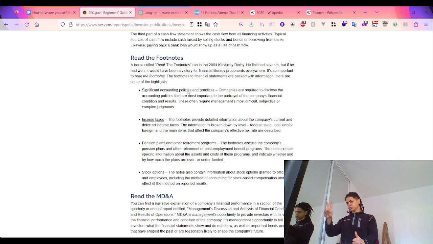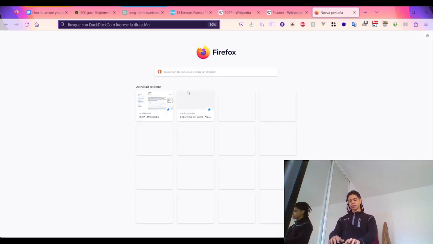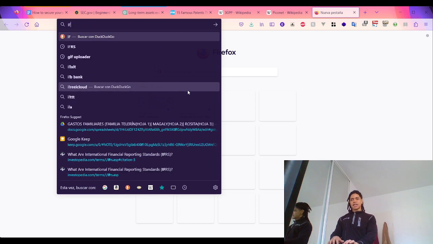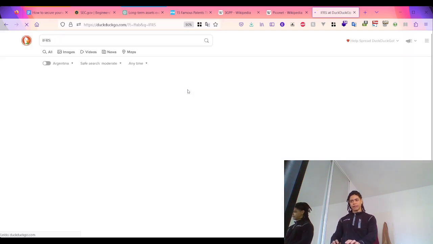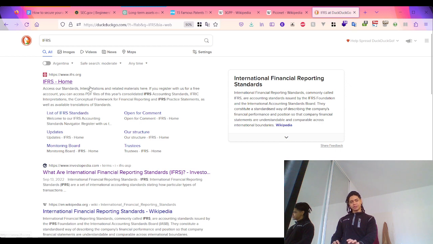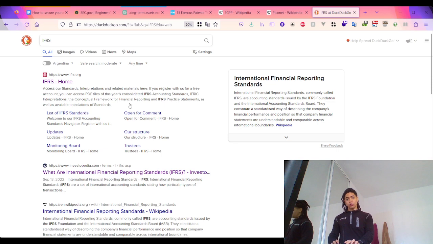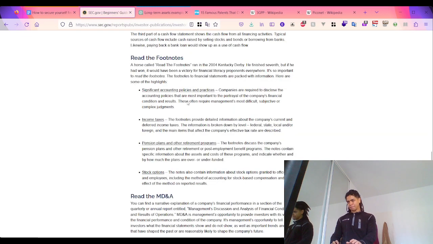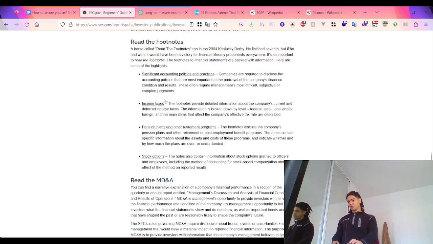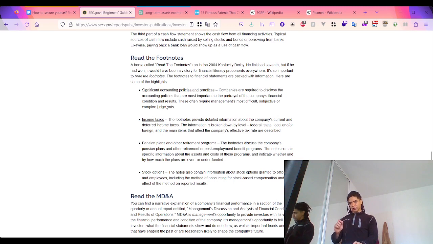There are two standards: GAAP, generally accepted accounting principles, and the International Financial Reporting Standards. IFRS acts as a set of principles, whereas GAAP are rules that all accountants follow. Also the income taxes.